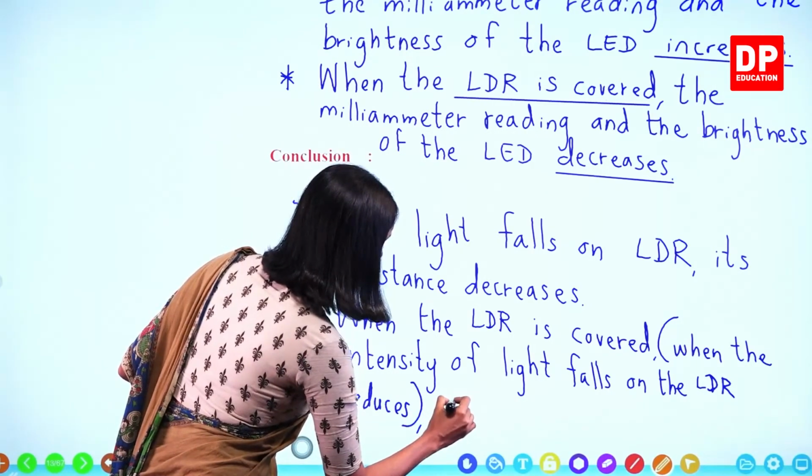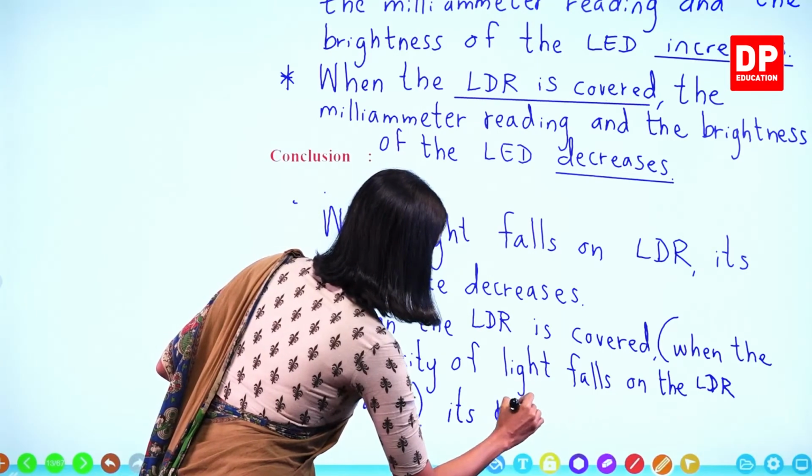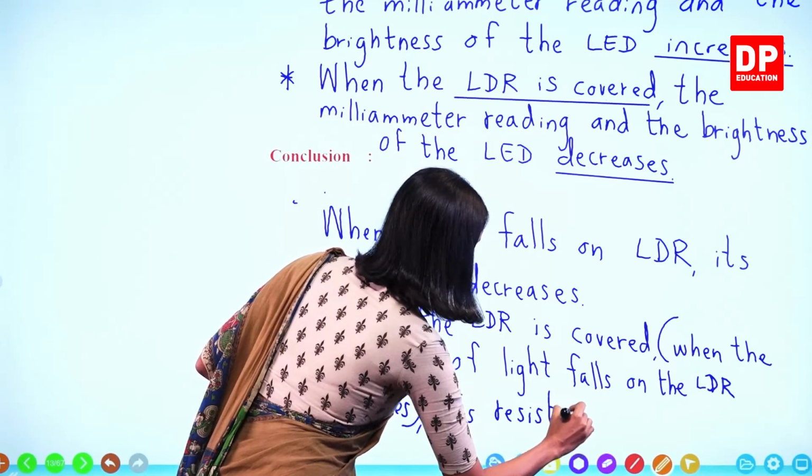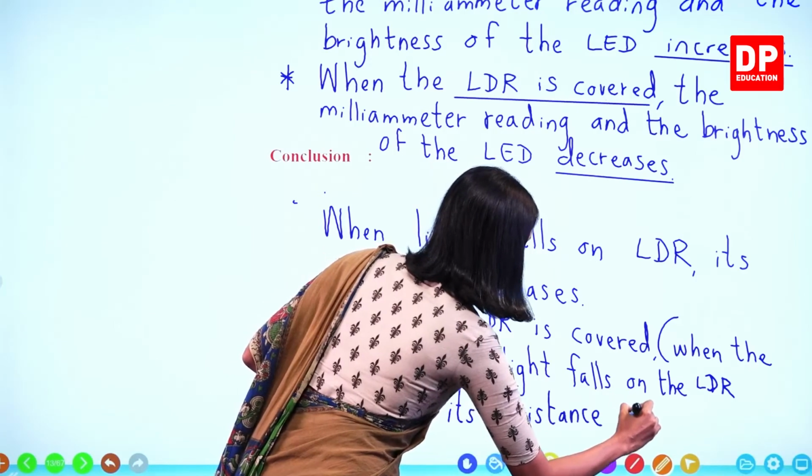What happens to the resistance? Its resistance increases.